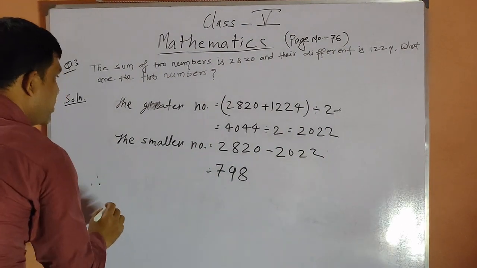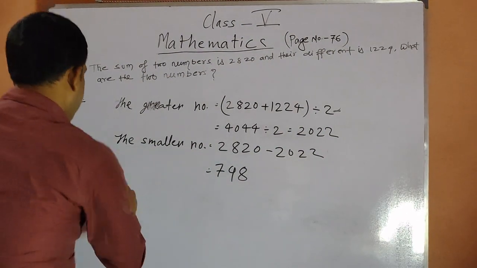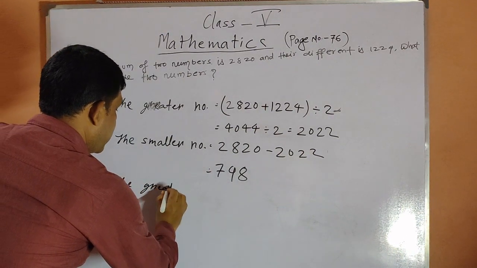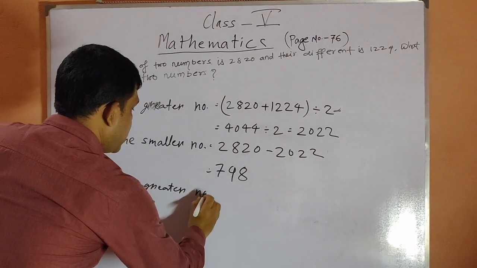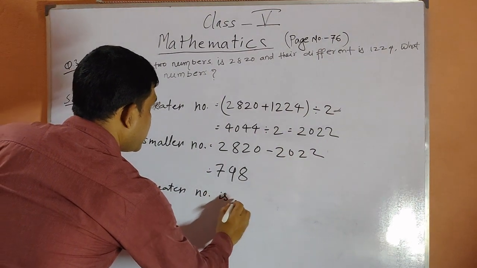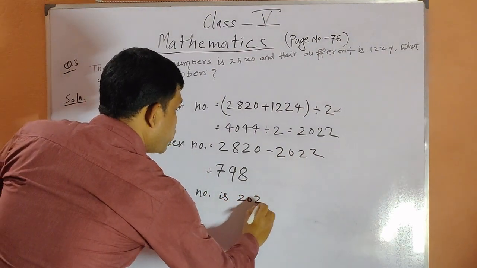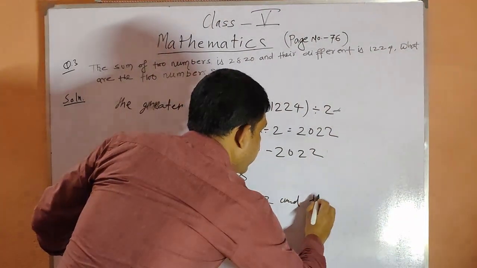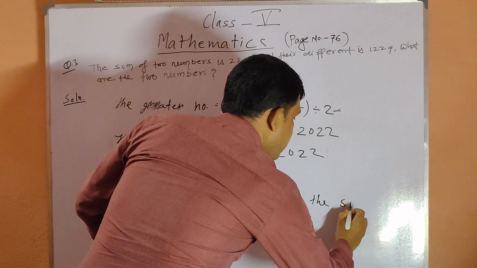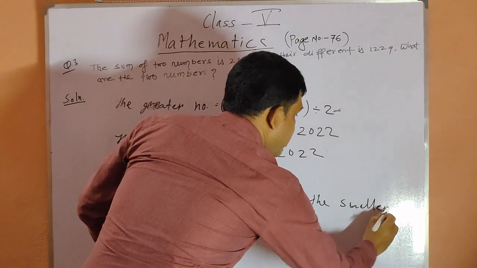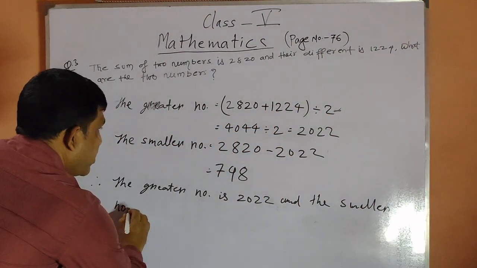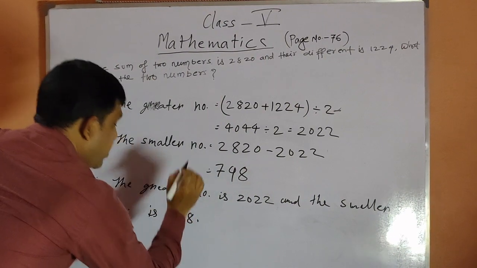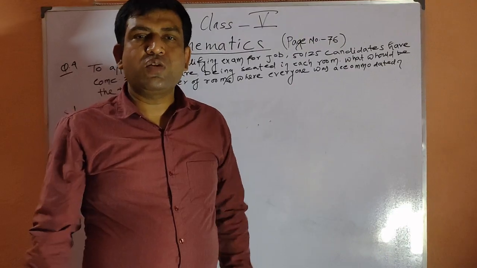Therefore the greater number is 2022 and the smaller number is 798.